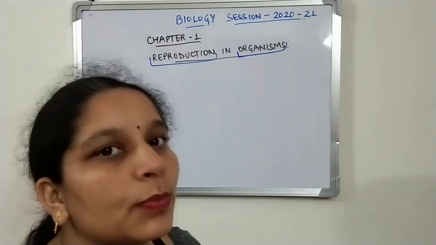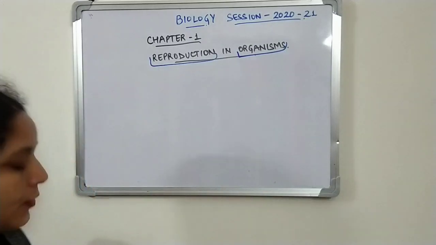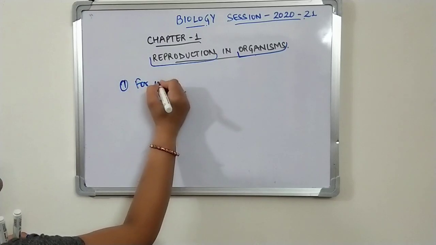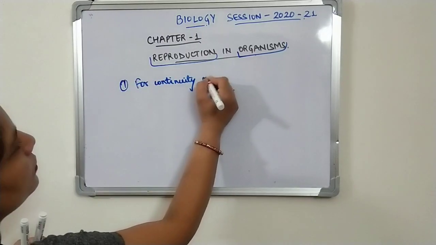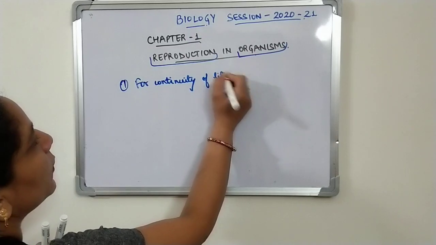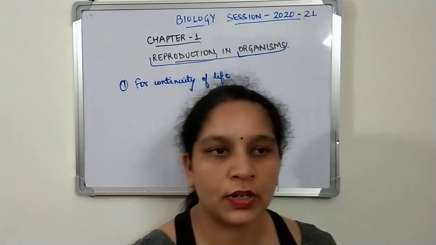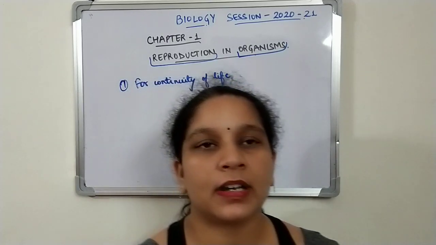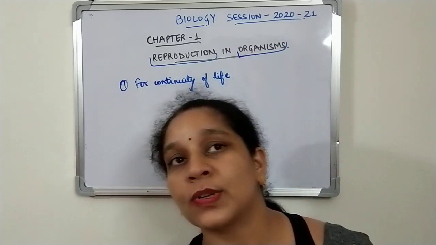The answer is reproduction is very essential. The two basic reasons are: first, continuity of life. What do you mean by continuity? You have seen that your parents have their own parents, known as your grandparents, and your grandparents had their parents.